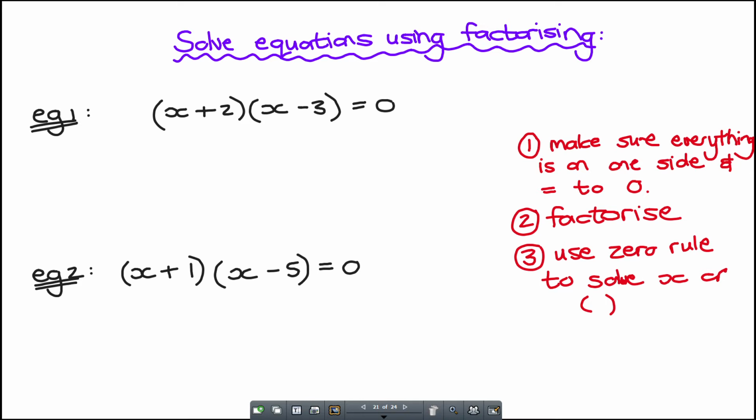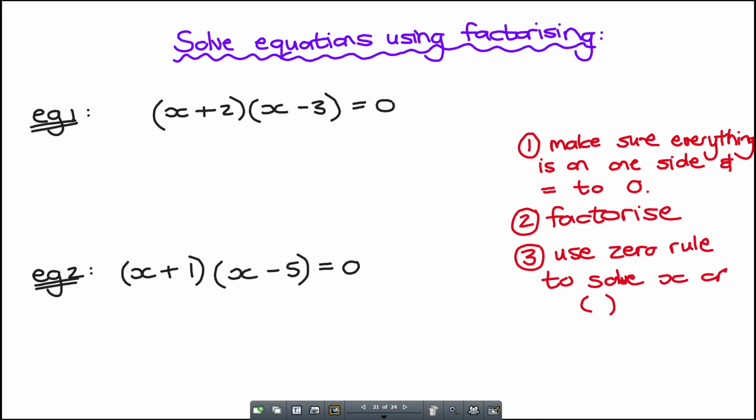Factorize. Use the zero rule to solve x or brackets. Okay, right.